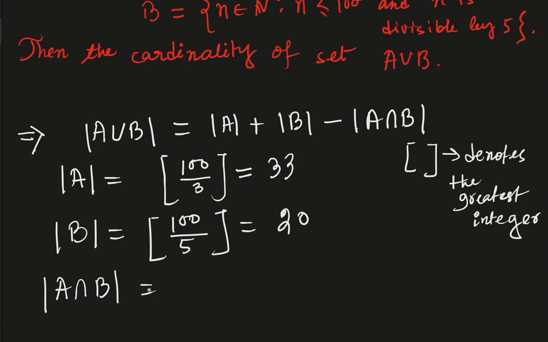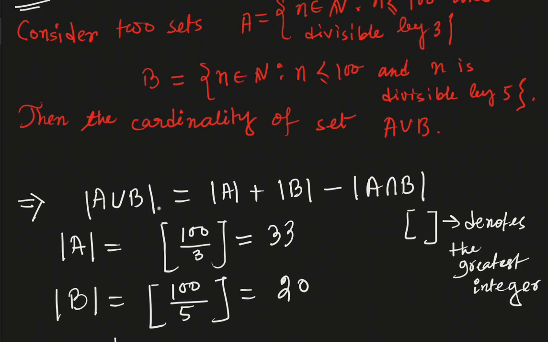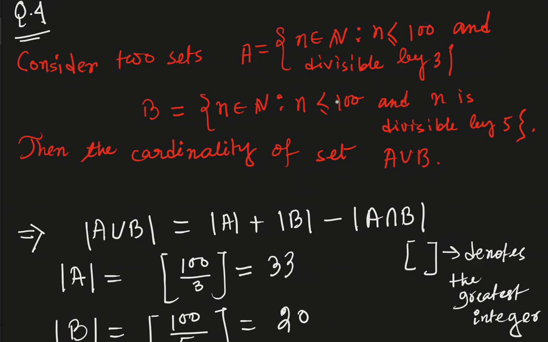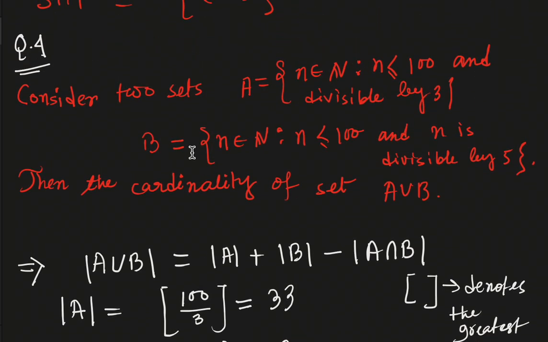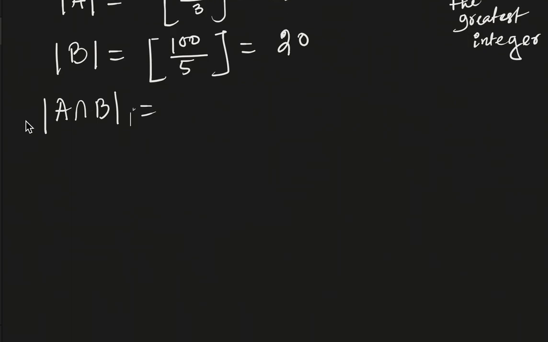That means the numbers which are less than 100, and intersection means each element follows both properties: divisible by 3 and divisible by 5. So both divisible by 3 and 5 means divisible by 3 into 5, which is 15.